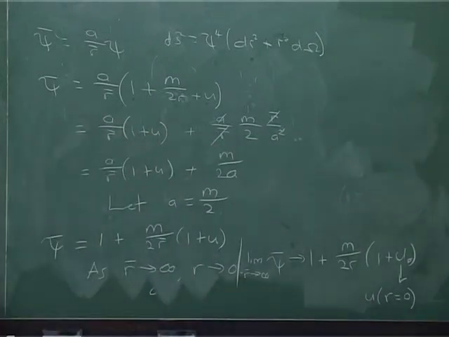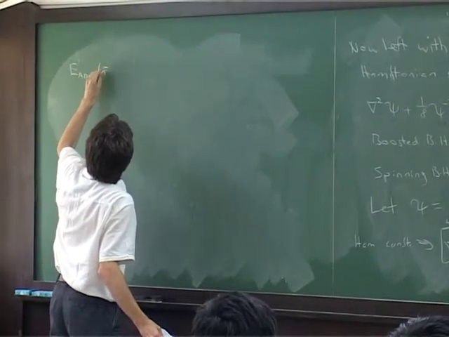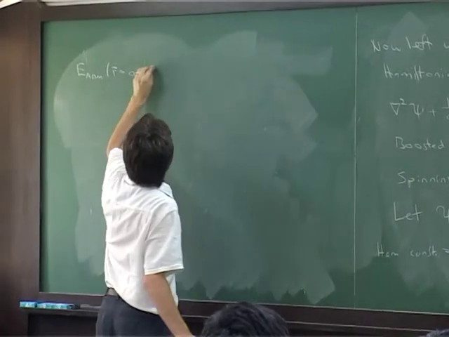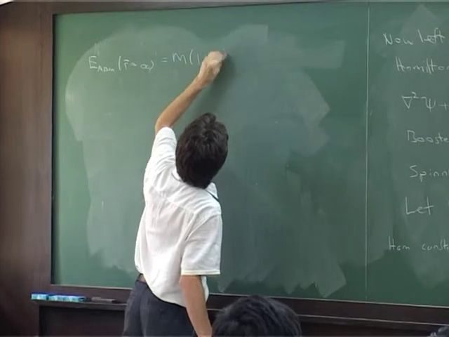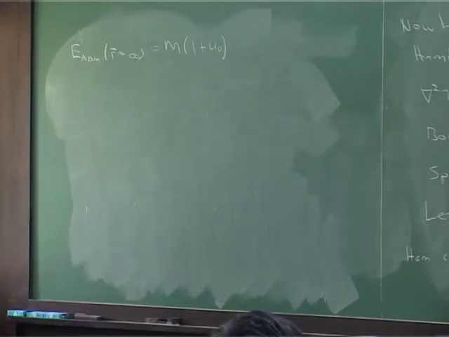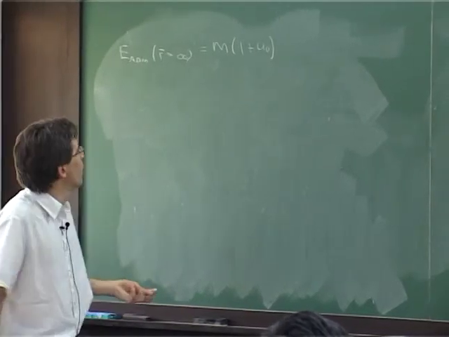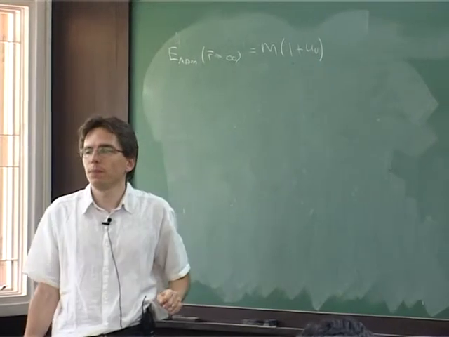So if we calculate the ADM energy at the other asymptotically flat end, the ADM mass there is just the original mass times 1 plus U naught. Since we expect that at the other asymptotically flat end we're seeing the black hole without so much radiation in the space-time, this is an estimate of our black hole mass.